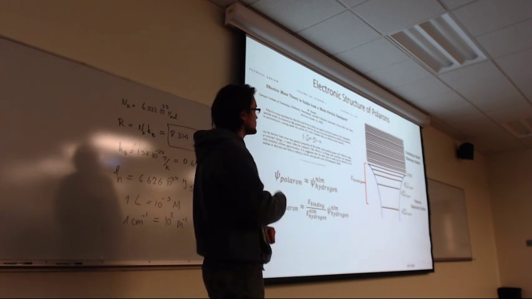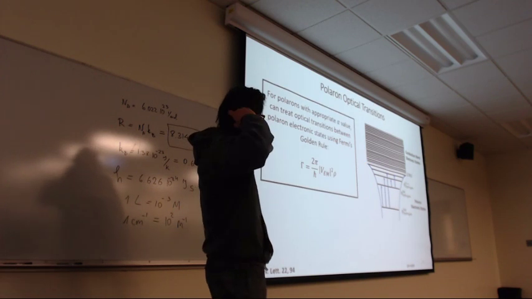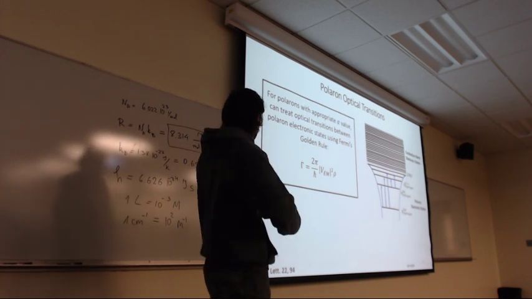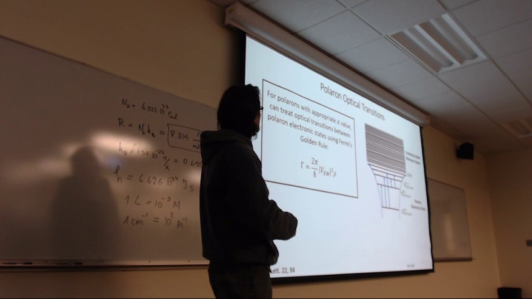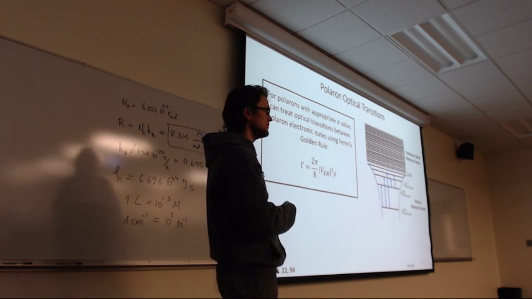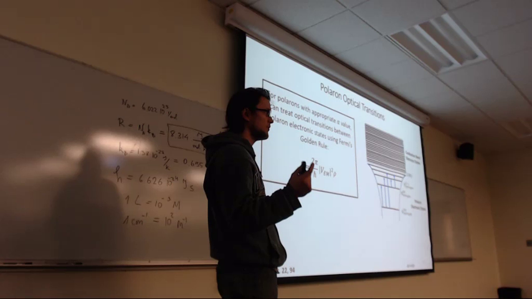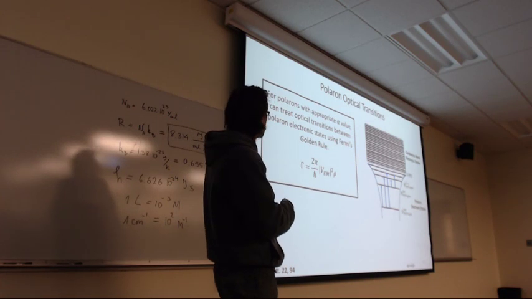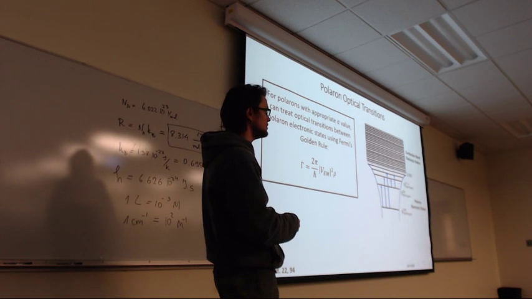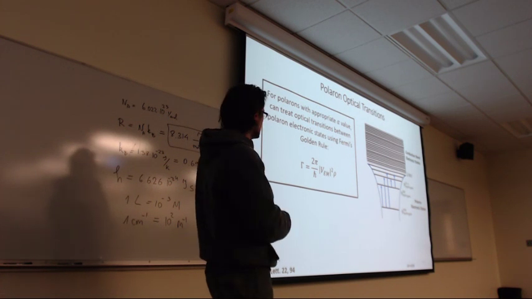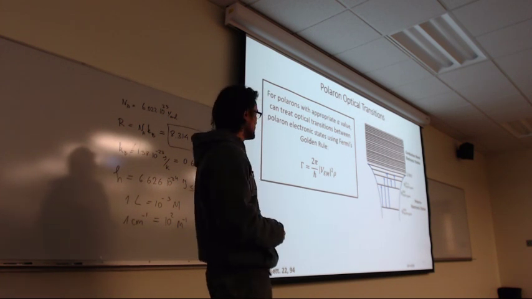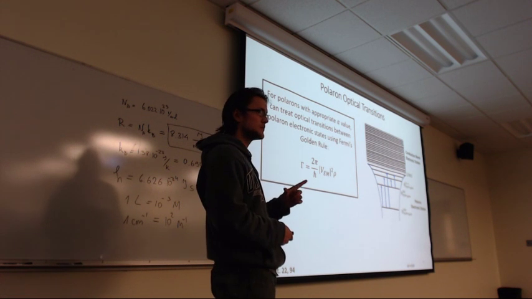So this is how you can think about the electronic structure of polarons. It's a little light on details, but one paper I found says that if you have a polaron with the appropriate alpha value that we talked about earlier, which describes the strength of the electron-phonon interaction, you can treat optical transitions between the polaronic states in the same way as light-matter interactions.